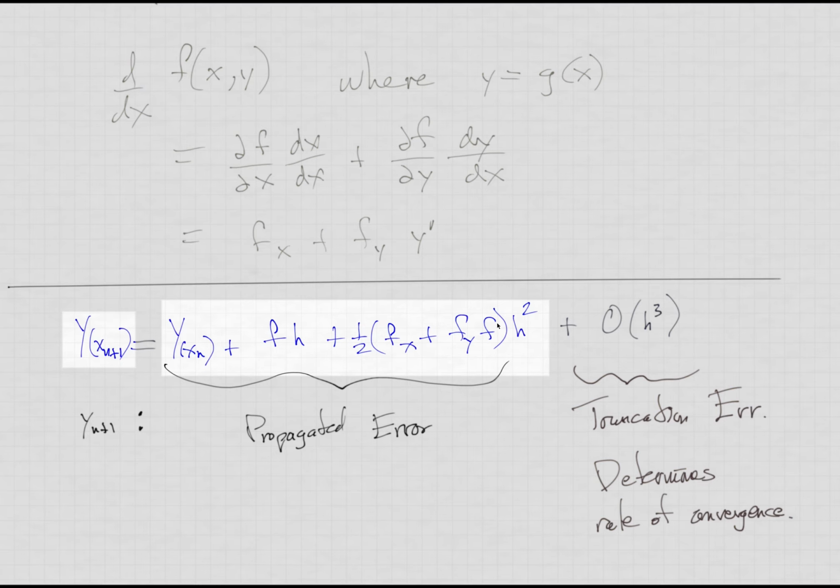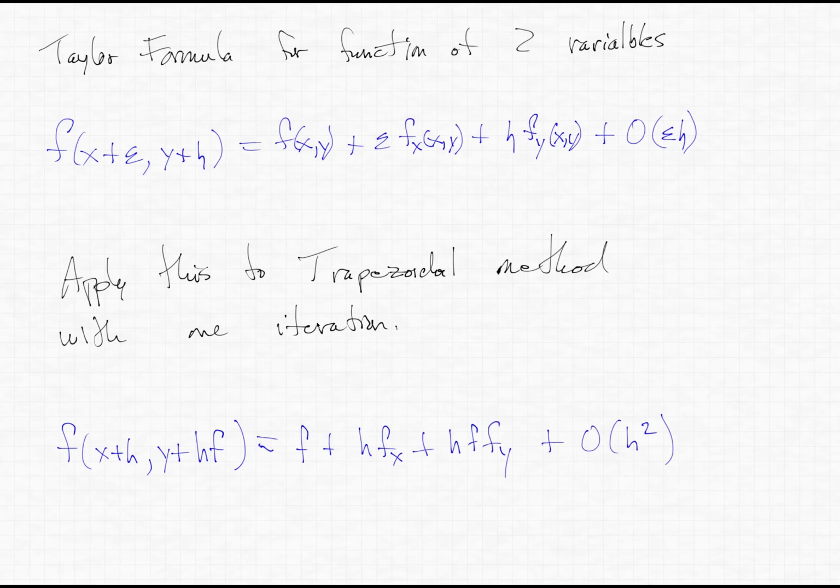And if you look at this, there'll be propagated error in our calculation because we will not have the correct value of y at xn, right? So that means whenever we evaluate these f's, fx, fy, we're going to be plugging in the wrong value for yn. We won't have the exact value. We'll have an approximation.